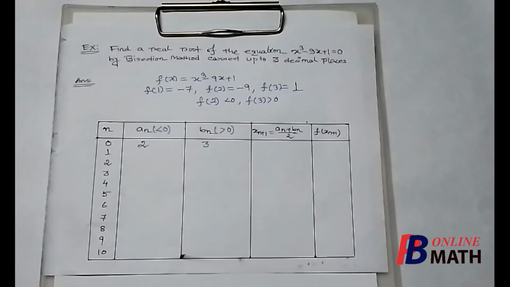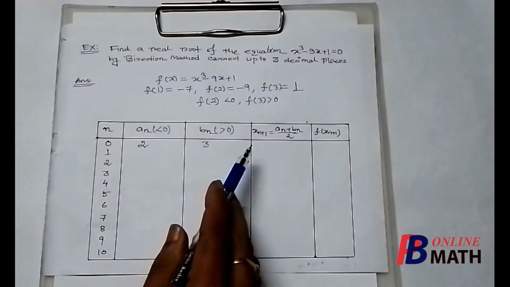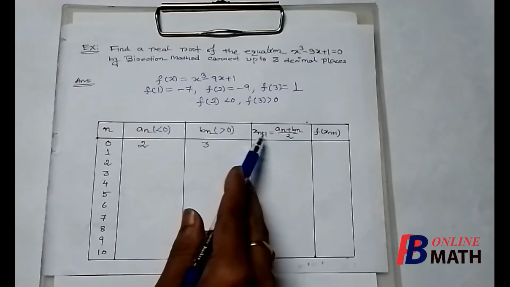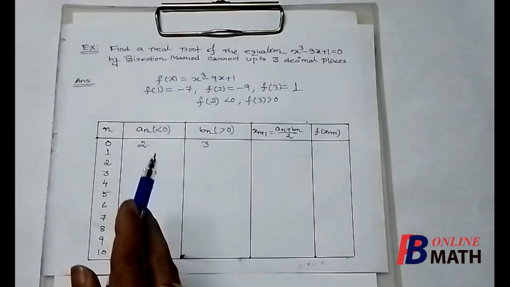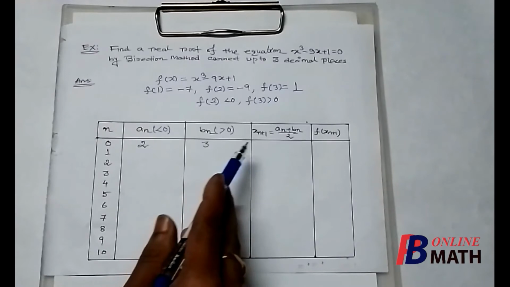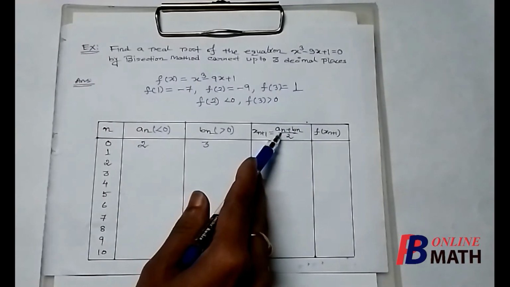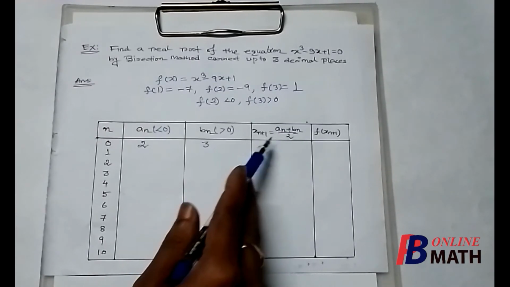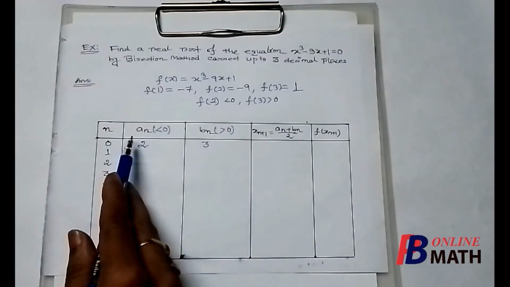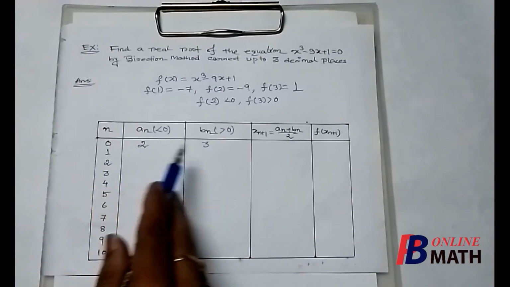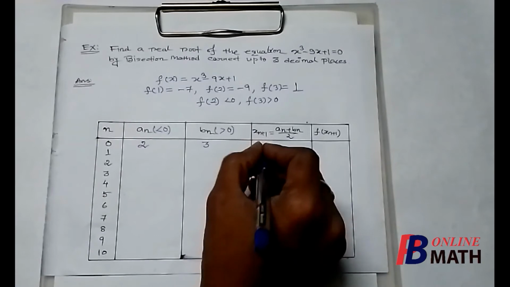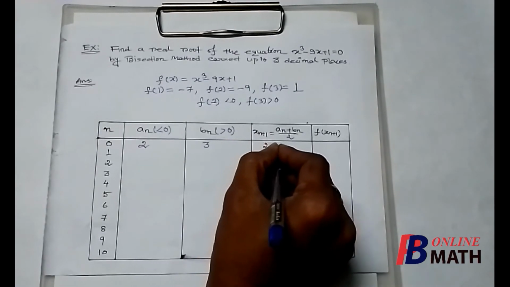So in the first case we shall find x(n+1), which will be the first approximation of the real root. Now the formula is (an plus bn) by 2, which is the average between the lower limit and upper limit, which is (2 plus 3) by 2, which is 5 by 2, that is 2.5.